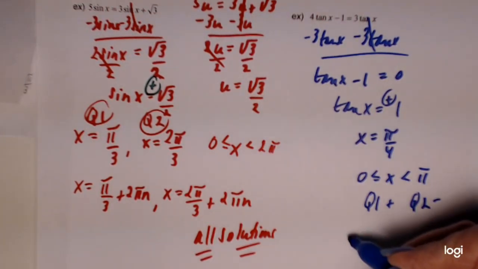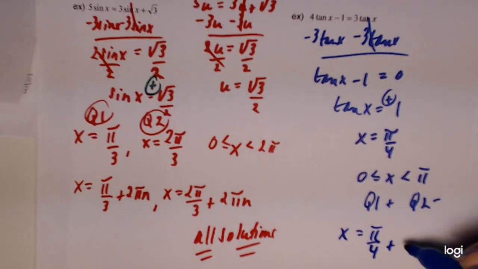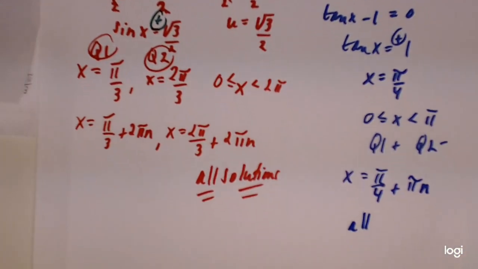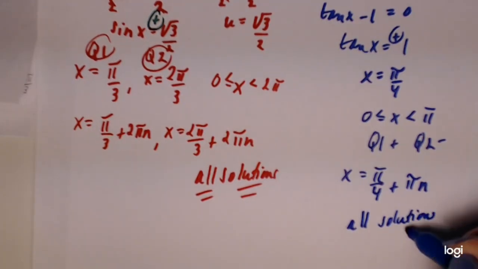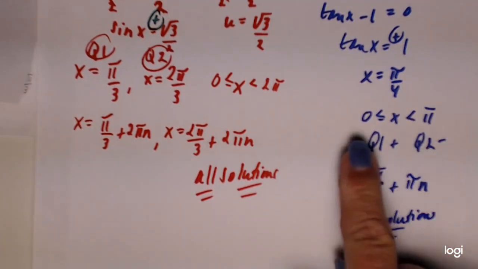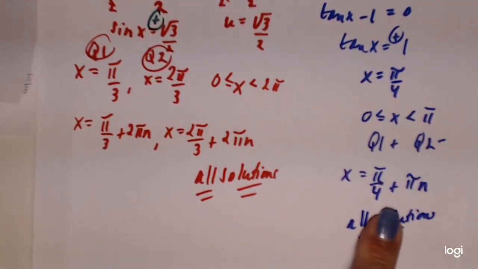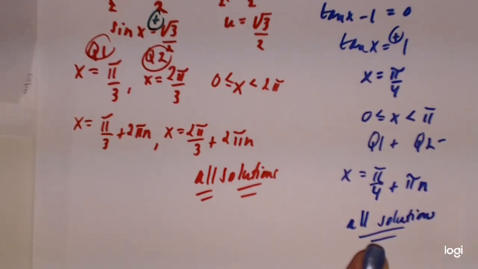And now, again, if we want all solutions, what we're going to do is take our pi over 4, and in this case, instead of adding 2 pi n, we're going to add pi n. And this is all solutions. So this solution here is a particular solution from 0 to pi, and when we tack on this pi n here, this would give us all potential solutions.